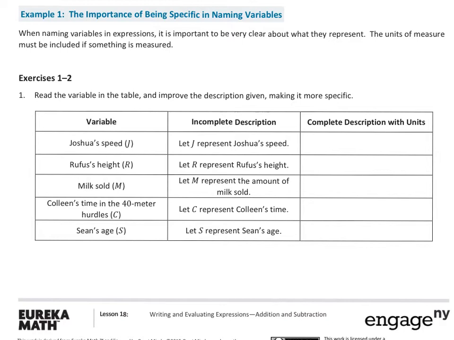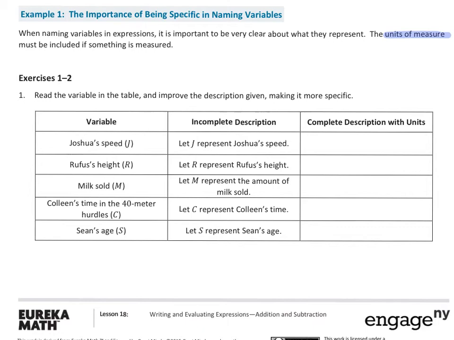We need to be very specific as to what we are measuring, and we want to always make sure that's included in our description because, again, language needs to be concise and specific. Notice it says this is an incomplete description. How can we complete that?